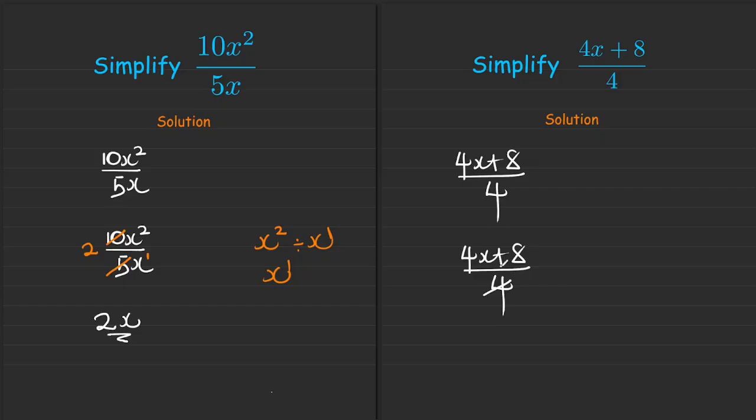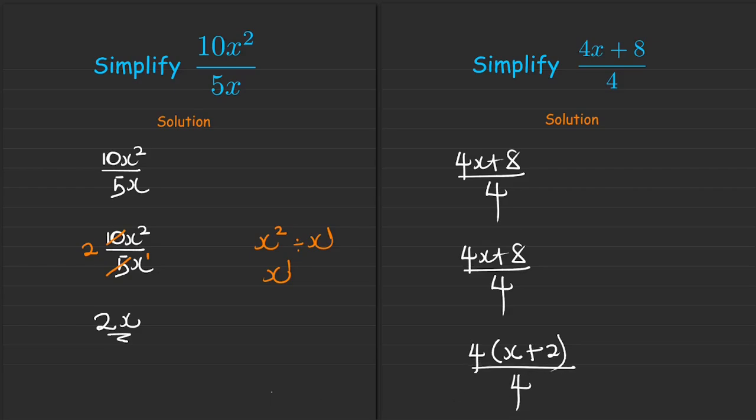Hence, we need to factorize what we have over here. 4x plus 8 can be factorized as 4. So we know there is a 4 here, then there's a 4 here. That is, the highest common factor of 4 and 8 is 4. Then into bracket, we have x, that is 4 times x, which gives us 4x. Then plus 4 times what gives us 8, that is a 2. Then all over 4.